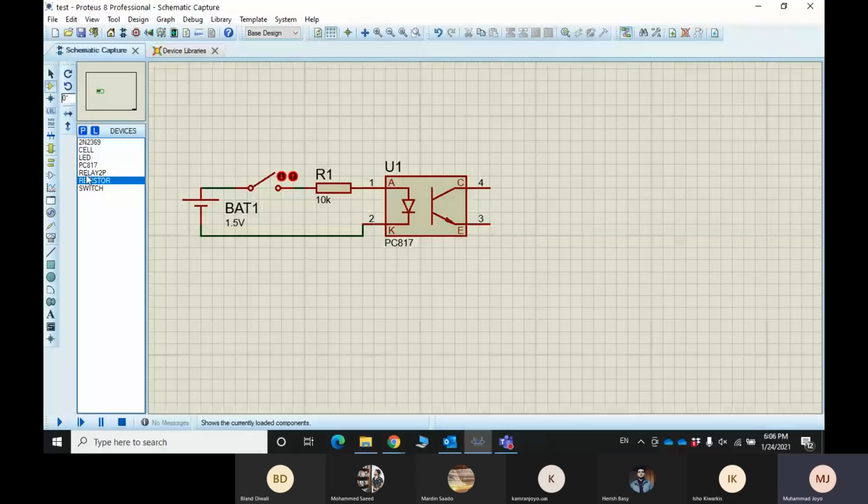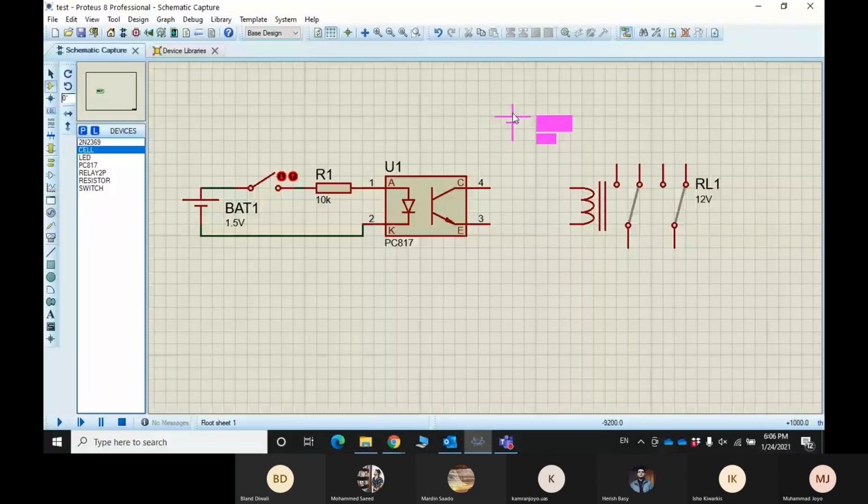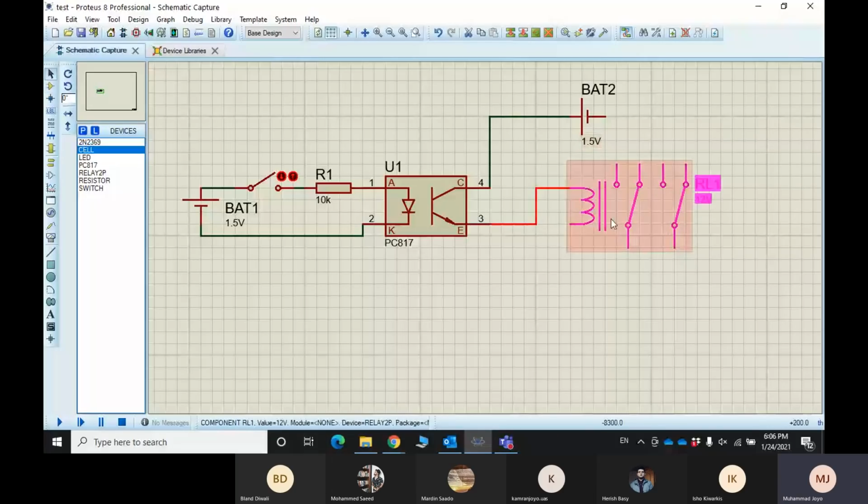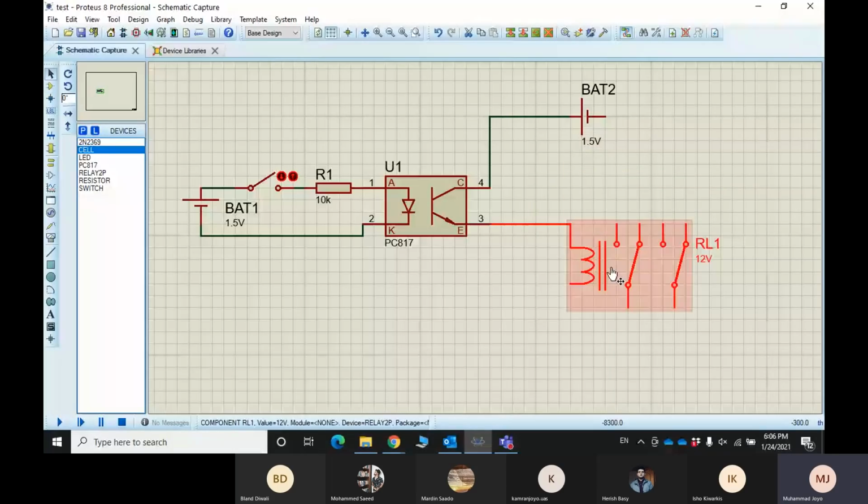So we attach a battery here, and connect this ground over here.